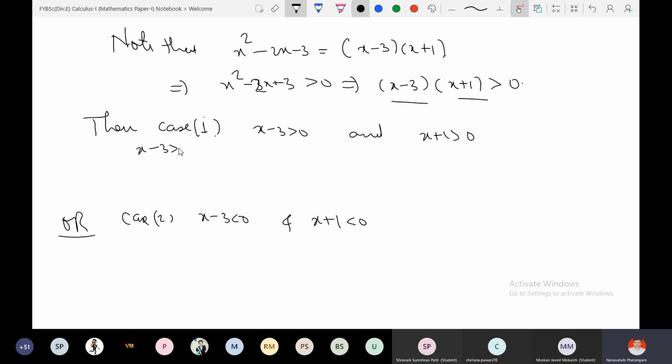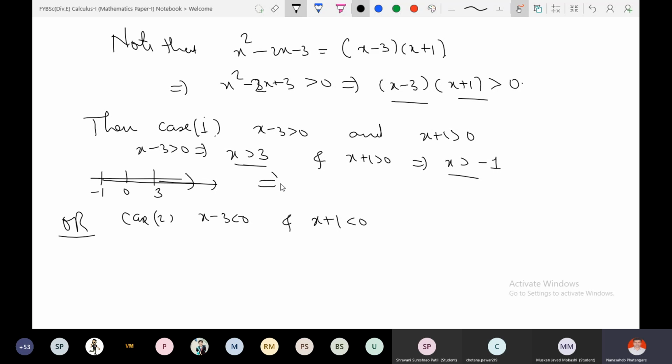x minus 3 is positive is equivalent to saying that x is greater than 3, and x plus 1 is positive is equivalent to saying that x is greater than minus 1. So x is greater than 3, that means x is on this side, and x greater than minus 1 means x is on this side, and 'and' means the intersection of these two conditions.